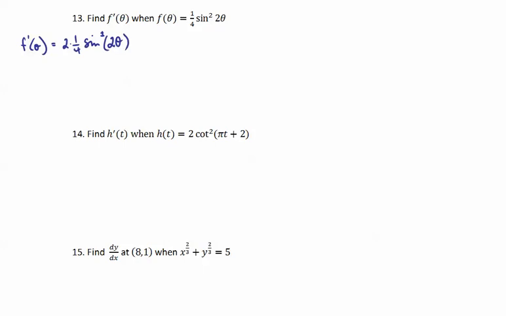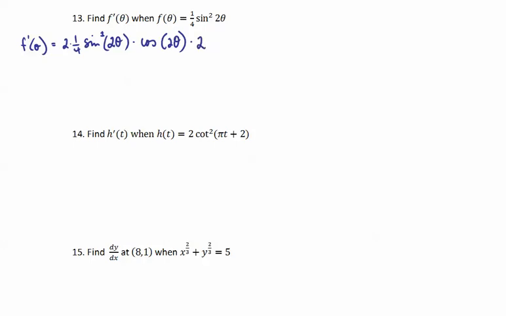The second thing that we're going to do is take the derivative of the middle function, which is sine. The derivative of sine is cosine, and we'll leave the inside function alone. Then we're going to take the derivative of the inside function, being 2 theta, and its derivative is 2.